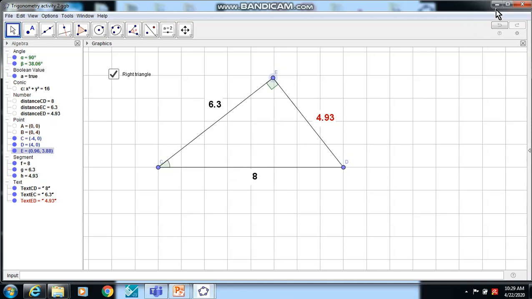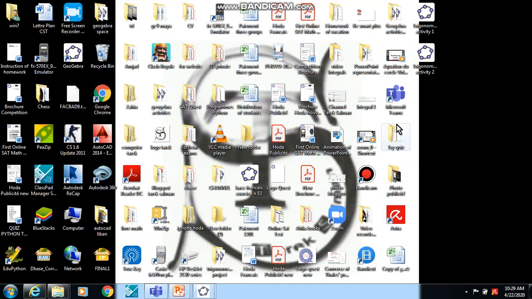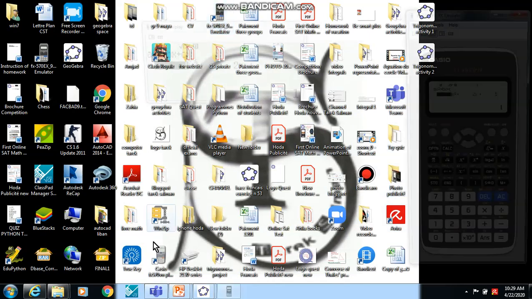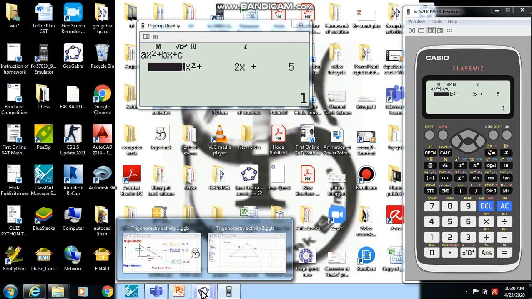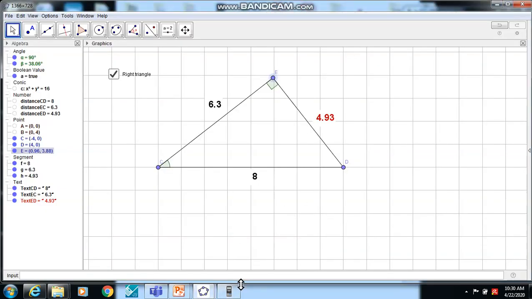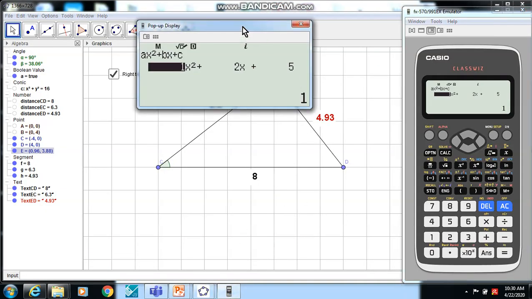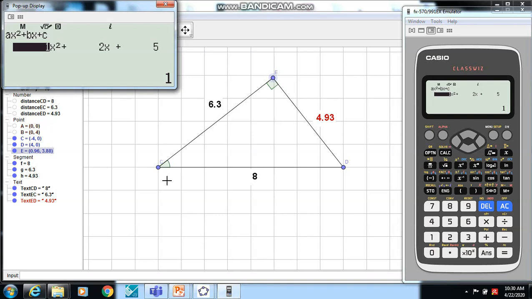First I can calculate the sine of the angle. Let me get my calculator first. Okay, to calculate the angle C, what do I have to do?